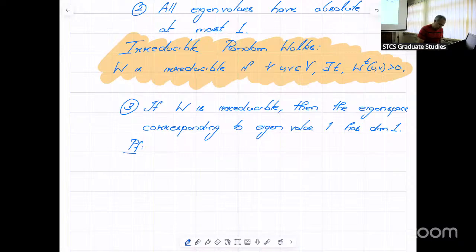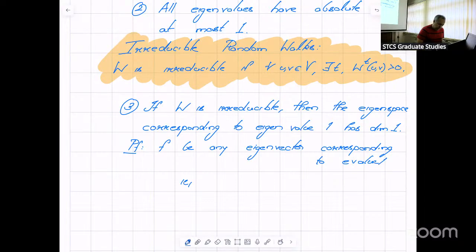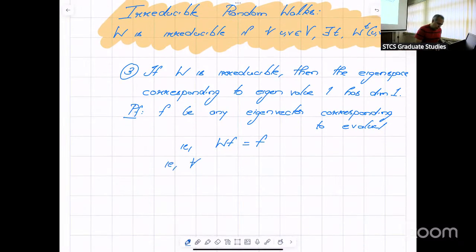So let F be, as we have already seen a few minutes ago, any eigenvector corresponding to eigenvalue 1, that is WF equals F. So for all U in V, we have F(U) equals WF(U), which we know from above.